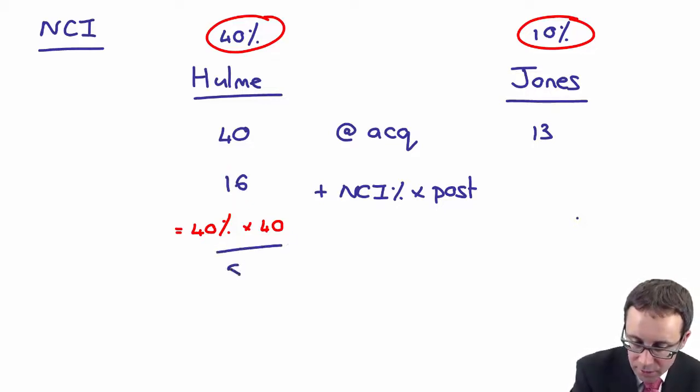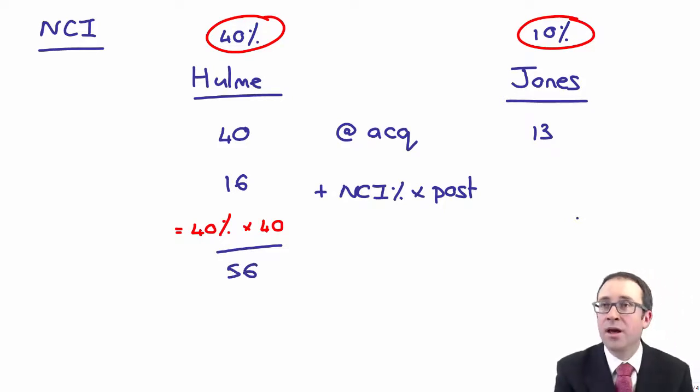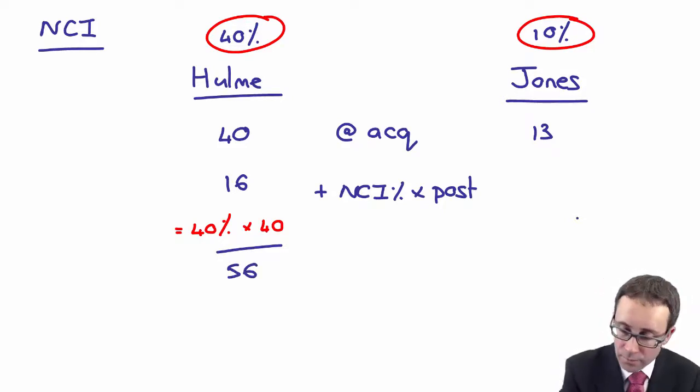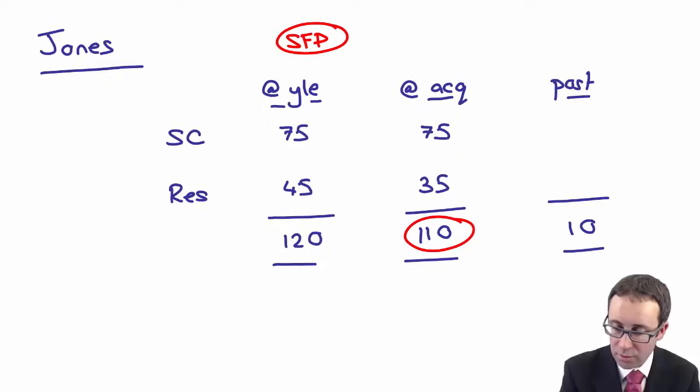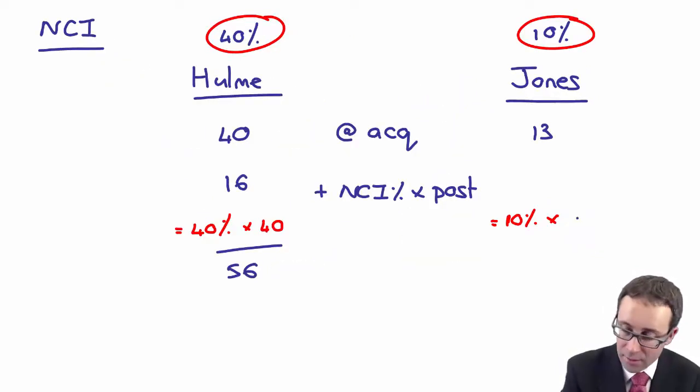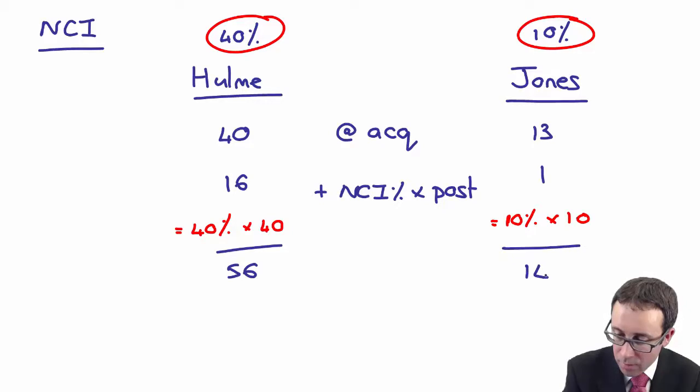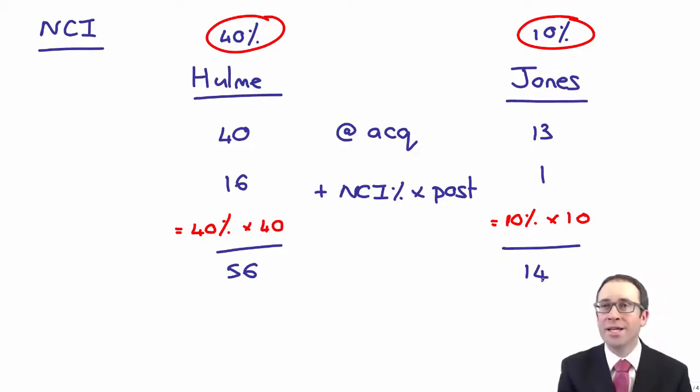So the non-controlling interest would have been 56. And then on Jones, I think that's 10% of Jones's post-acquisition, which is 10. Okay, so 10% of 10 gives me 1. And that's there as 14.